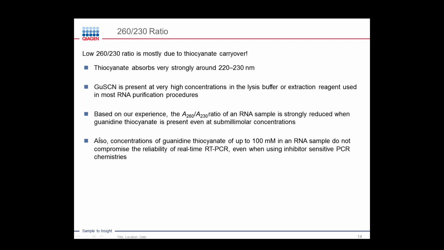Also, concentrations of guanidine thiocyanate of up to 100 millimolar in an RNA sample do not compromise the reliability of real-time RT-PCR, even when using an inhibitor-sensitive PCR chemistry. And on the next slide, I would like to show you data addressing exactly this issue.